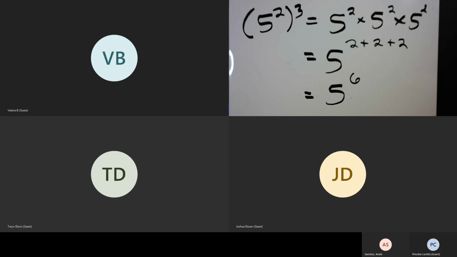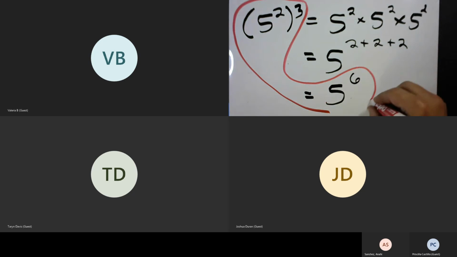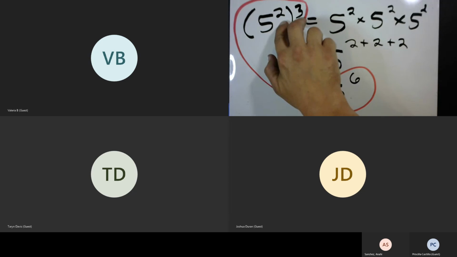Now again, we want to look for a shortcut. And so what we see is this. We want to get this number from these two. Now, last time with the product rule, if you had 5 to the 2nd times 5 to the 3rd, you would add the numbers to get 5 to the 5th. But we need to get 6. And the way we get 6, we multiply those two numbers together.